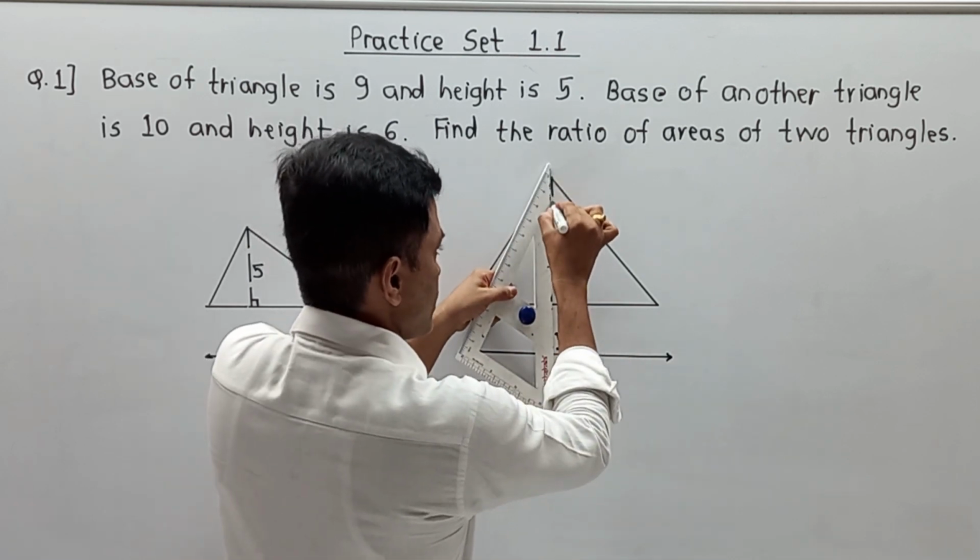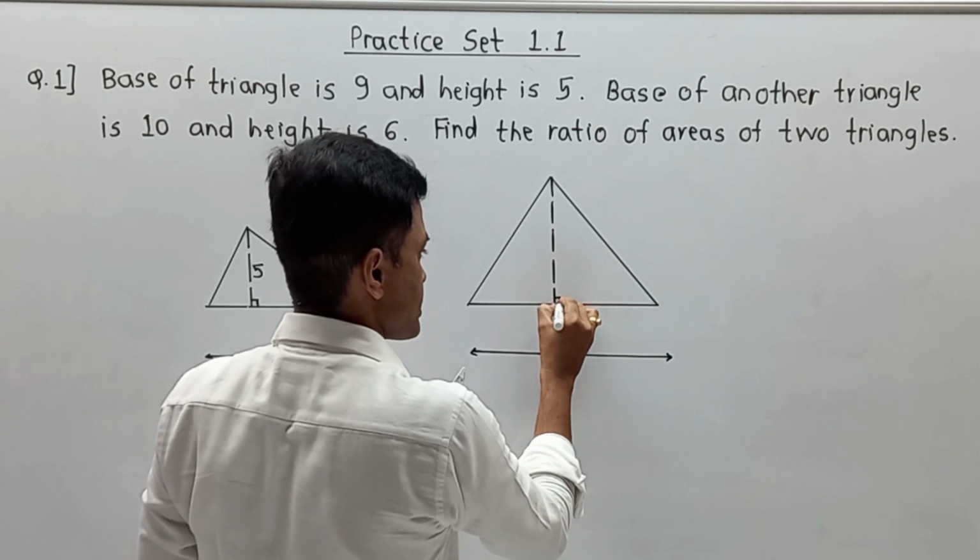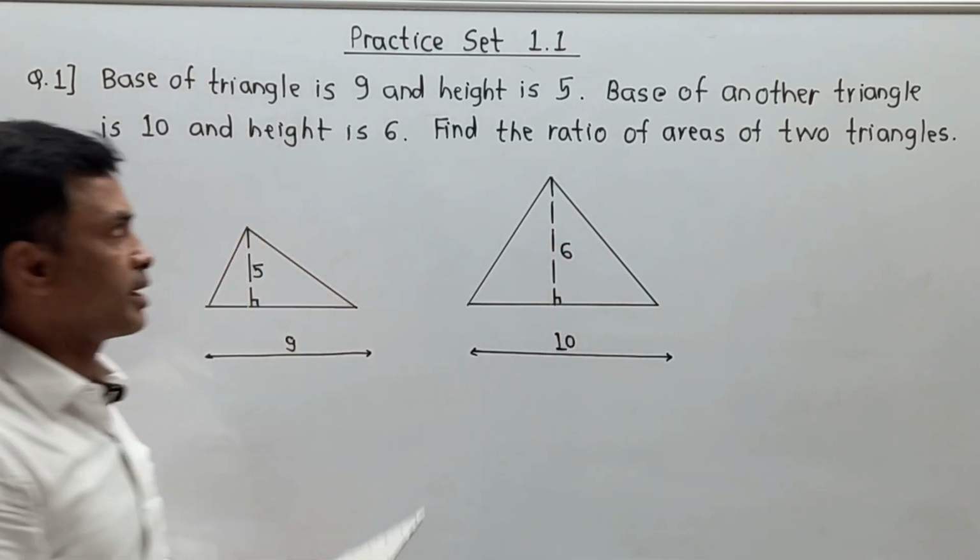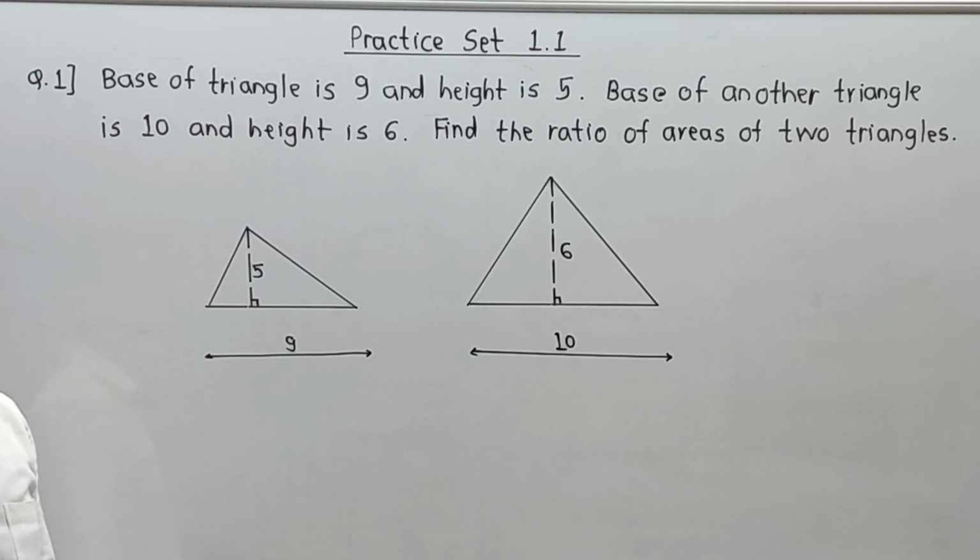So I am going to draw the height over here, and that is 6. Then find the ratio of the areas of the two triangles.